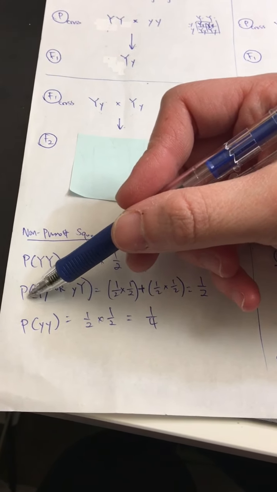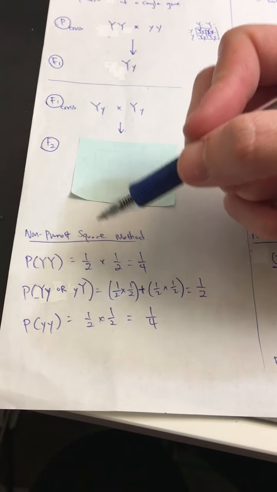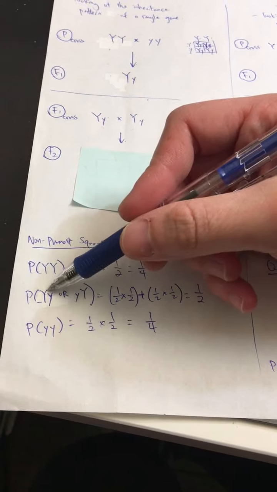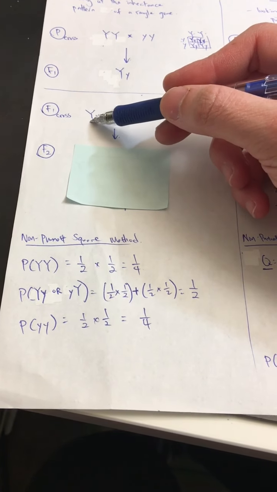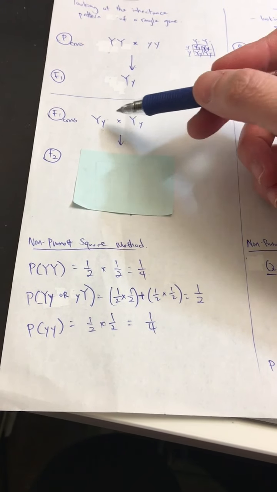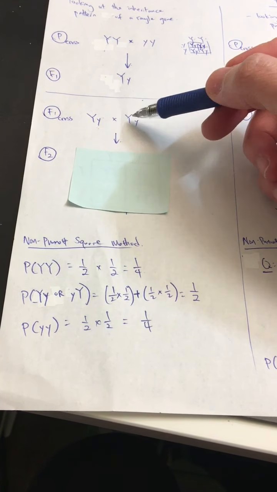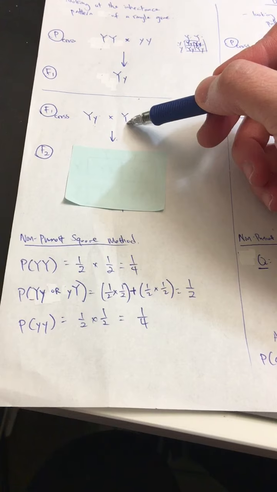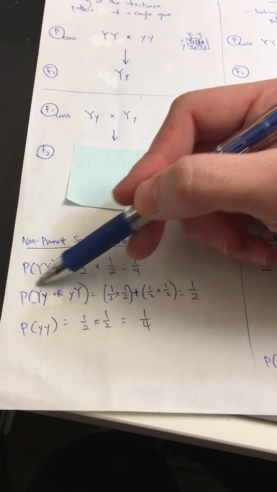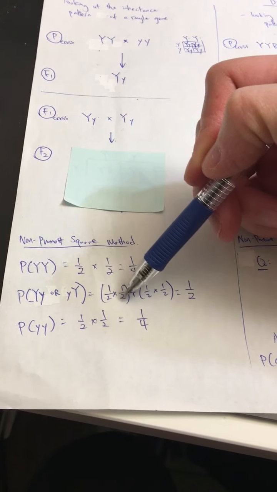And in the second genotype, we're looking at the probability of the offspring having one big Y and one small y. It can be taking big Y from this parent and then small y from this parent, or you can get small y from this parent and then big Y from this parent. With this, that's 1/2 times 1/2.